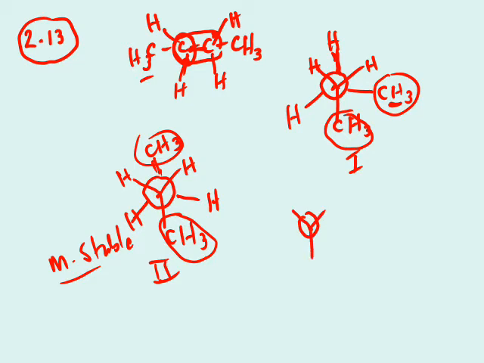Now, eclipsed is when they're right in front of each other. So among eclipsed, I can have two methyls, one in front, one at the back. Hydrogens, hydrogens, hydrogen, hydrogen. This is going to be the least stable because these two large methyl groups are facing each other.